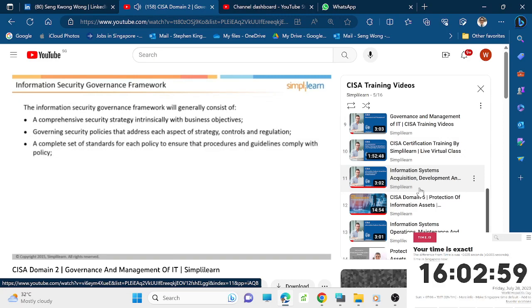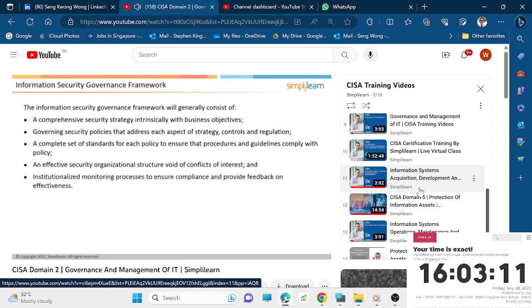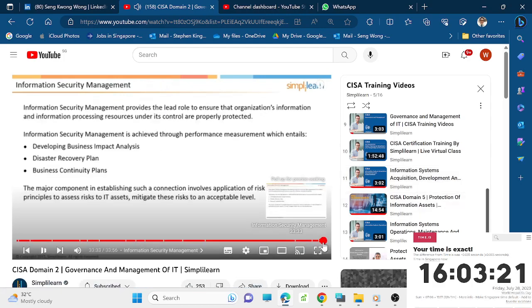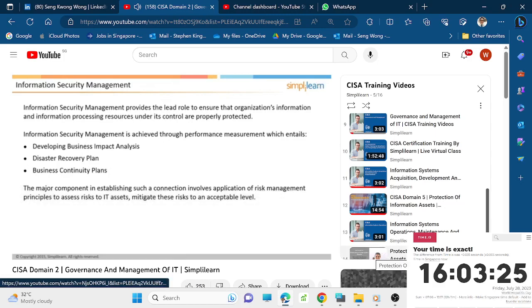Other factors are a complete set of standards for each policy to ensure that procedures and guidelines comply with policy, an effective security organizational structure, void of conflicts of interest, and institutionalized monitoring processes to ensure compliance and provide feedback on effectiveness. We will look at information security management in the next screen. Management principles to assess risks to IT assets, mitigate these risks to an acceptable level.